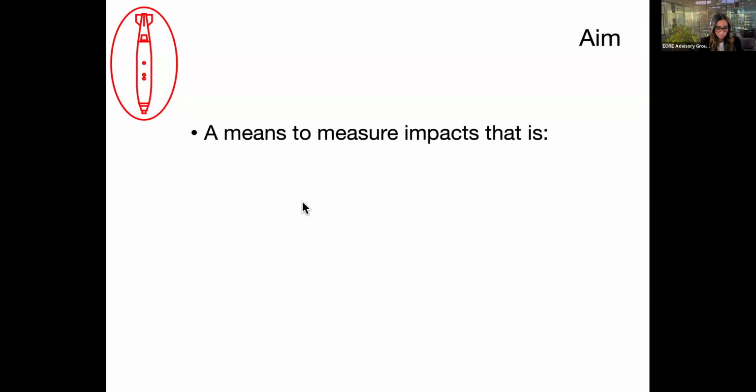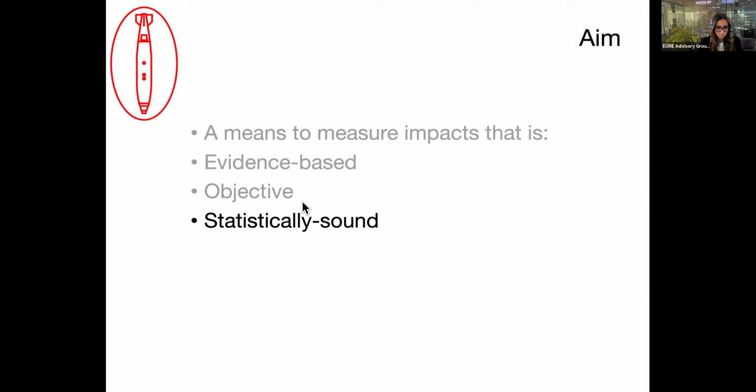So the aim today is to find a way of measuring impact that is evidence-based, objective, and statistically sound. And so it's based on evidence rather than our opinion or our hope.